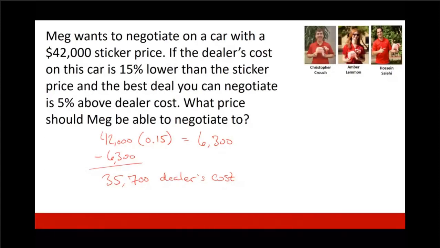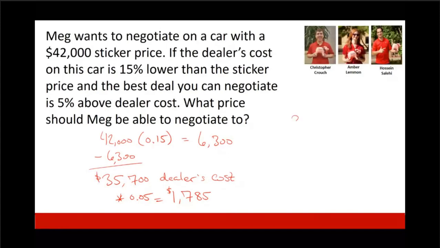So what do you do to that number to get it to what you can negotiate to? Multiply by 0.05, and then add what you got. Yeah, so if we multiply that number by 0.05, we get 1,785. So that's going to be the profit that the dealer wants.